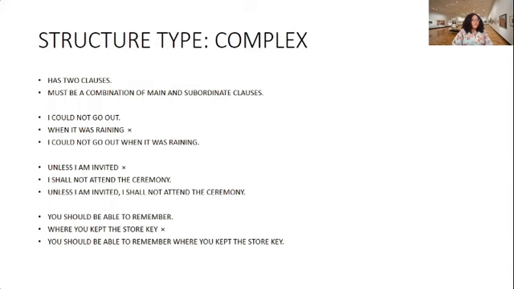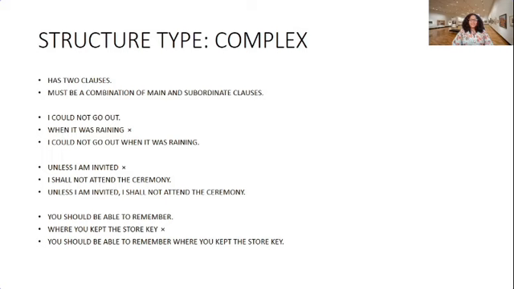We also have what we call the complex sentence. The complex sentence is also made up of two clauses. But this time, those two clauses are not both main clauses. One is main, and the other is another type of clause we call the subordinate clause.